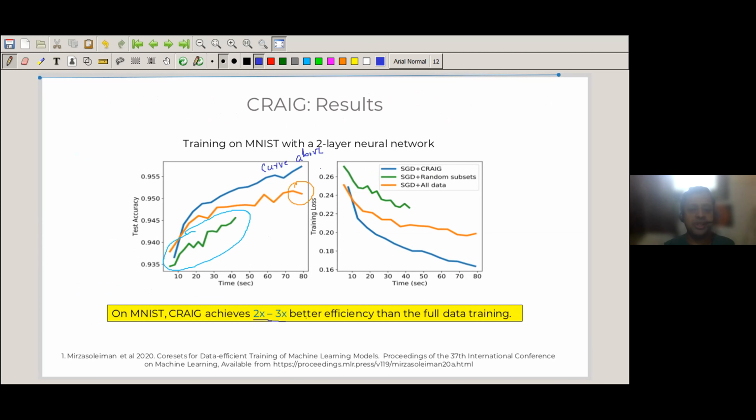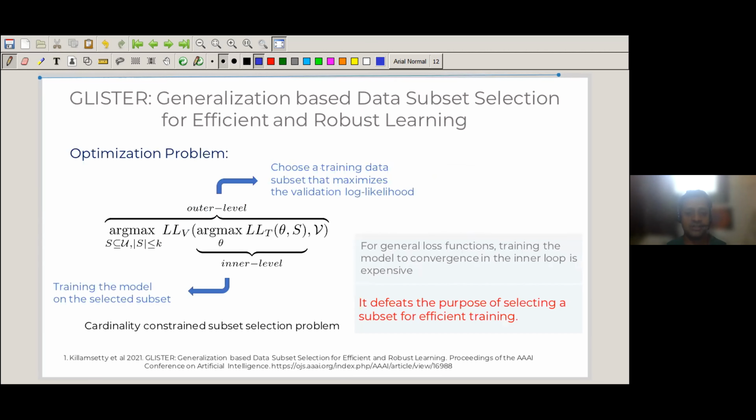So this was published in 2020, but now let's talk about some advances we made over the last 1.5 years. We said, well, why not tackle the problem a little bit more principally? And what is the principle here? We are saying: identify a subset of your training data, S subset of U, such that when I maximize the likelihood of my model on that subset, it performs well with respect to a validation set V. We always have training and validation sets.